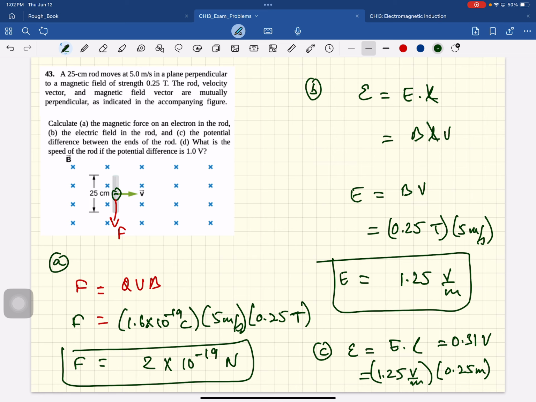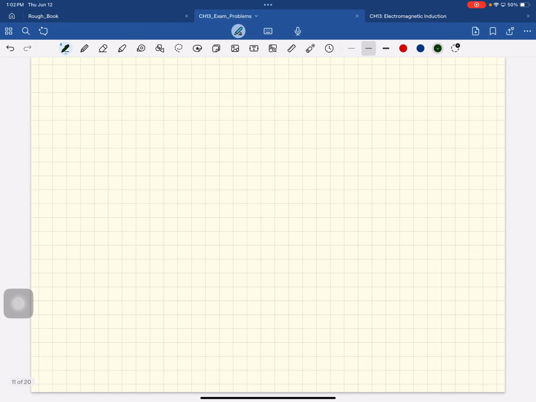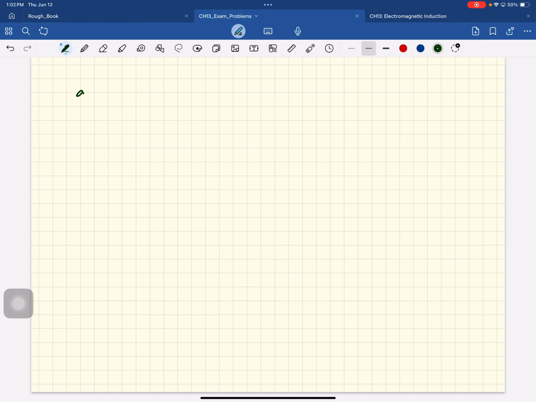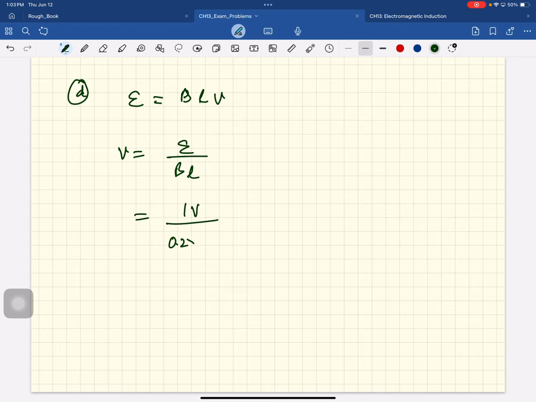What is the speed of the rod if the potential difference is 1 volt? You want it to be 1 volt, B is 0.25 Tesla, and length is 0.25 meters.